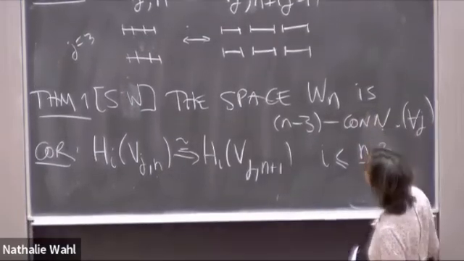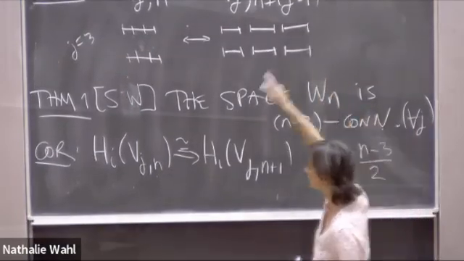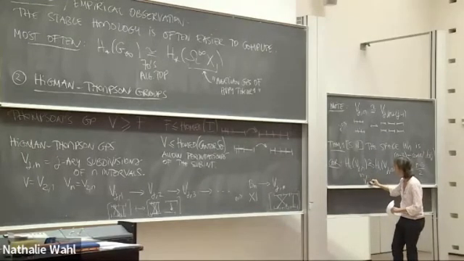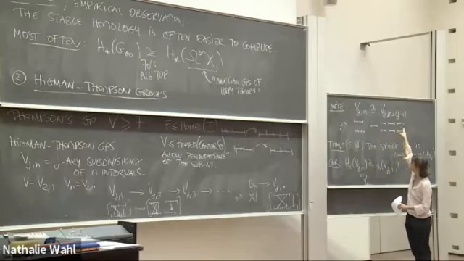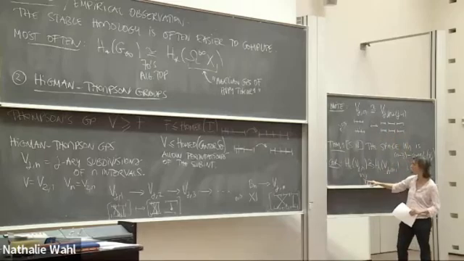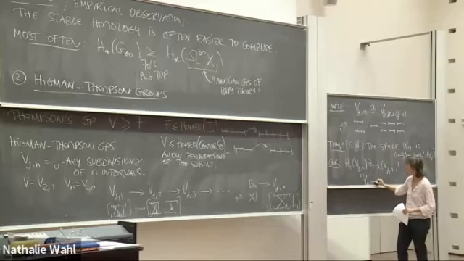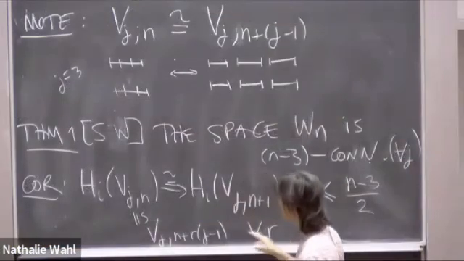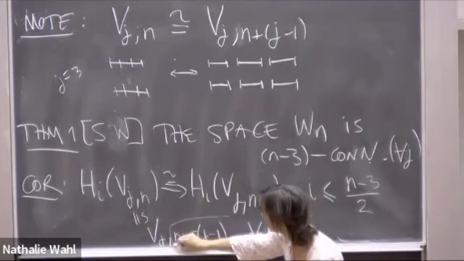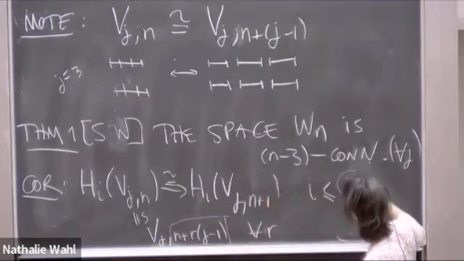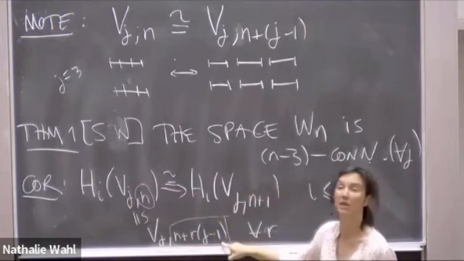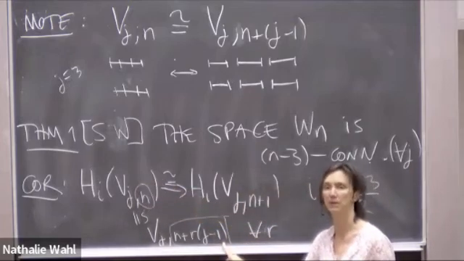Yes, but now I want to use this little extra fact which says, oh, but by the way, this group VJN is isomorphic to VJ. I can repeatedly use such isomorphisms. It's isomorphic to VJ n plus r times j minus 1 for any r. I can make what is n in the group, so the rank in the group, as big as I like, up to isomorphism.